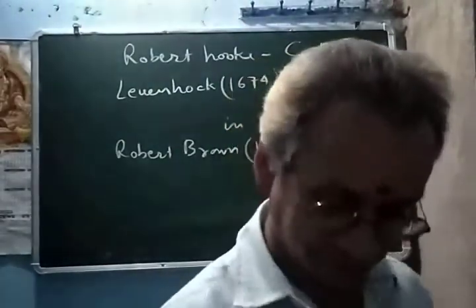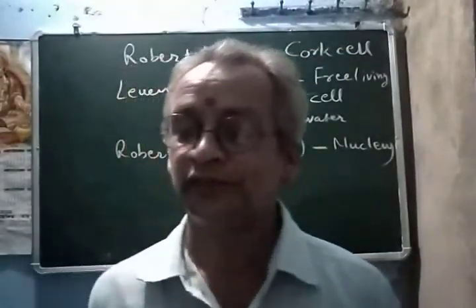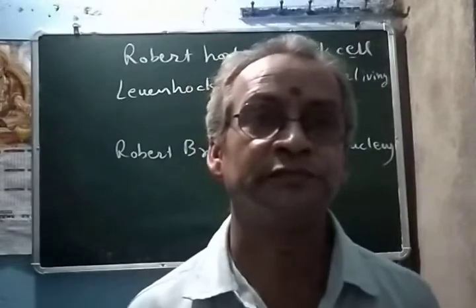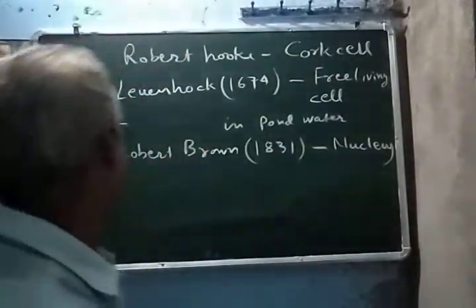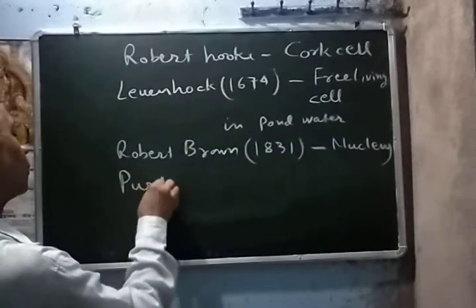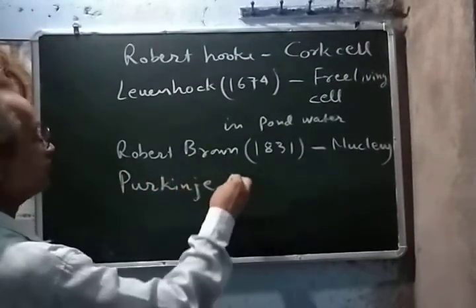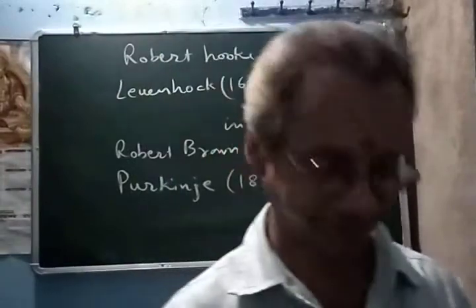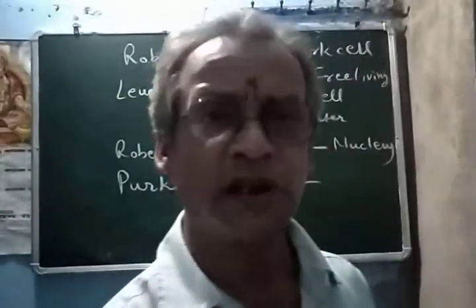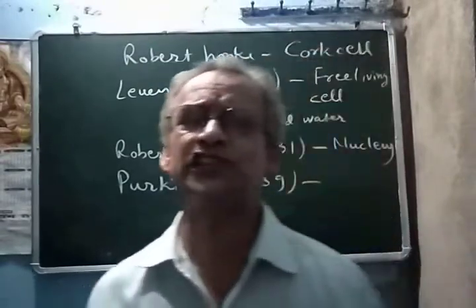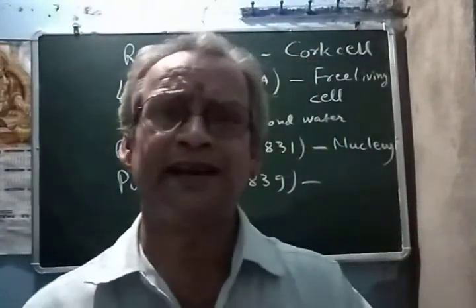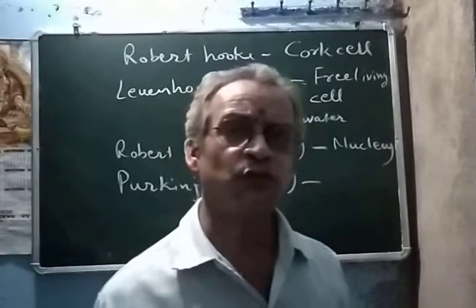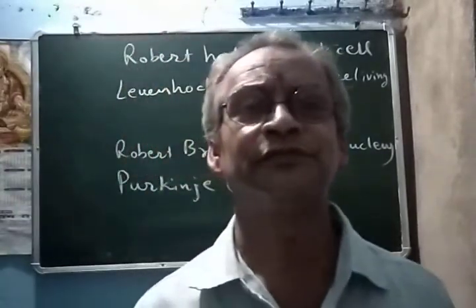And after some time, about 1839, Purkinje discovered that every cell is filled with a dense, jelly-like substance which is called protoplasm.